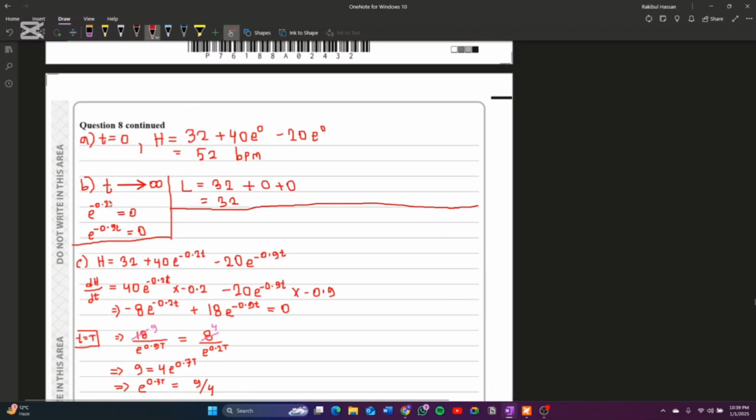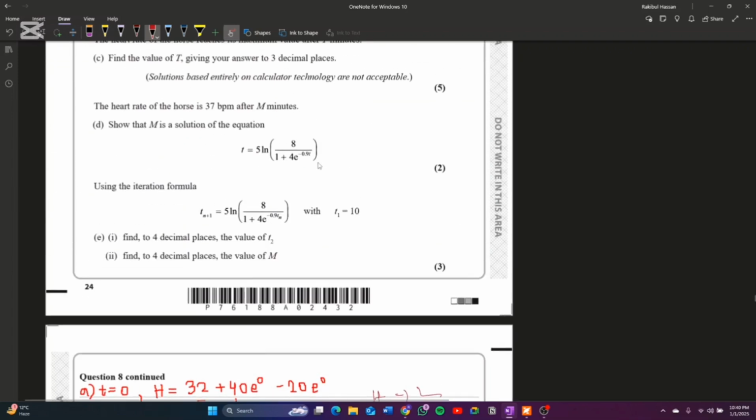The value of h approaches L when t approaches infinity. If we put infinity in these values, e to the power of negative infinity is 0, so these two terms become 0, and we're just left with 32. That means L is the least value, which is 32.